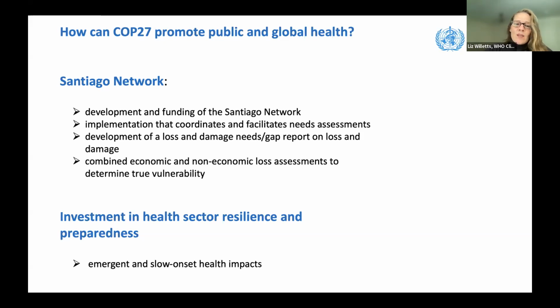So to separate the pillars and to develop some understanding on the ground that there are some things that will fall outside of adaptation and will need funding for that. And then in terms of doing the assessments, really boosting the look at vulnerability and making sure economic and non-economic losses are looked at together.